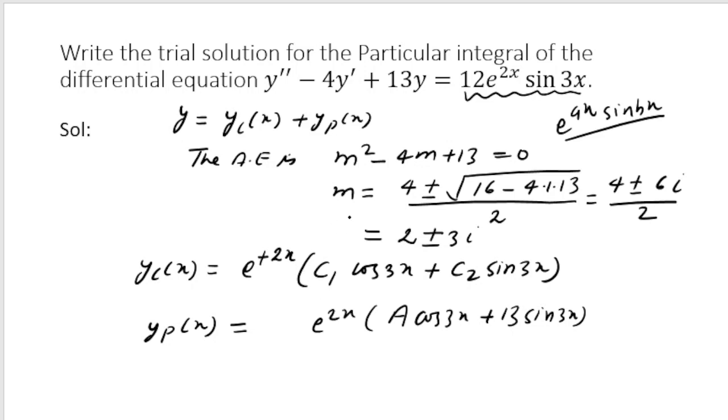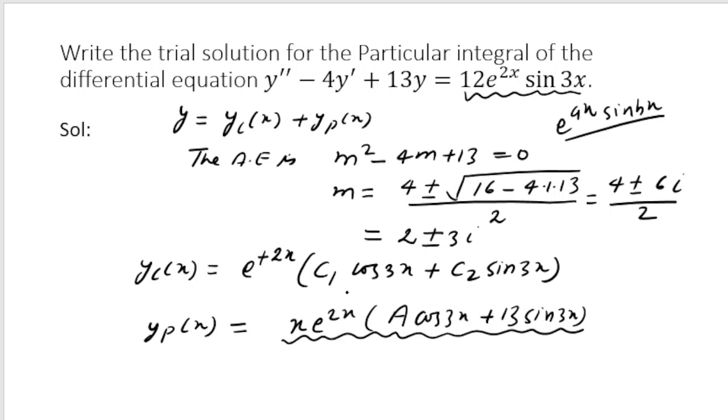But the important thing is that if you look at the complementary function and the trial solution, both are the same. So we have to make the trial solution independent, and to make it independent we need to multiply it by x. This is a mistake which a student will commit. They will not multiply it by x and they will consider this as the trial solution.